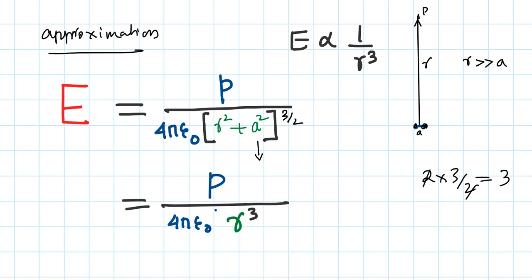So in both these cases, the dependence is exactly similar. The only difference is that if at a far away distance r on the equatorial point the electric field is E, then at the same distance r on the axial point you will have an electric field which is 2 times this E. So there is more electric field on the axial point than on the equatorial point; I mean, the strength of the electric field is 2 times.